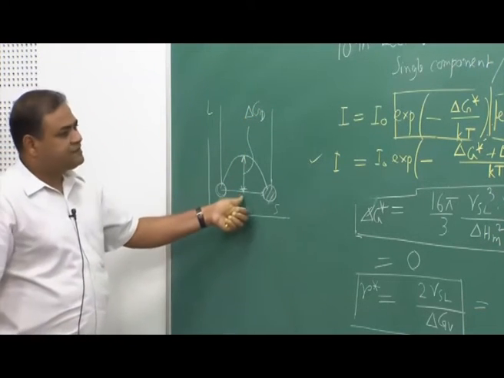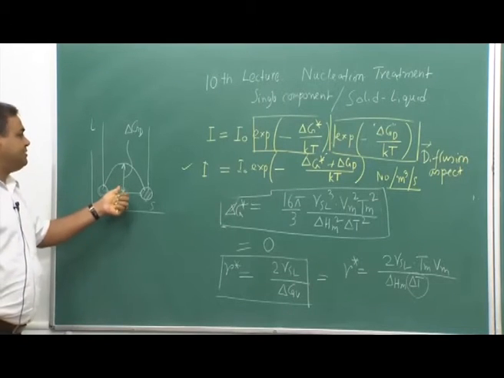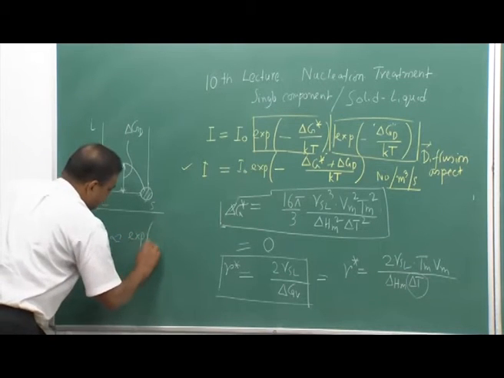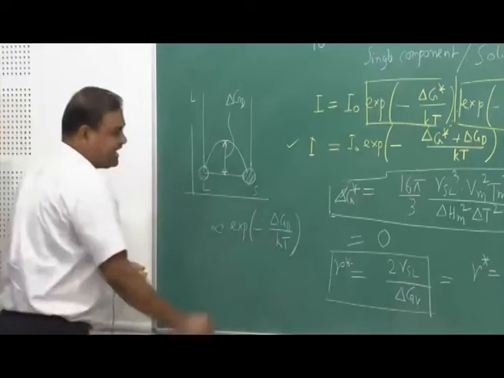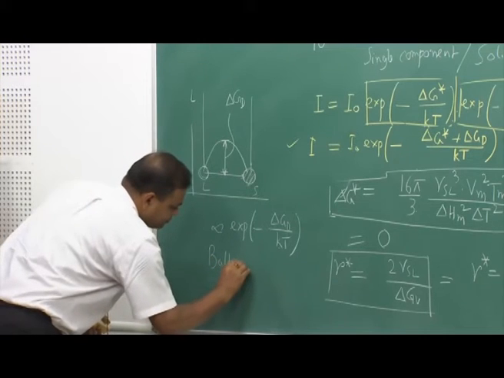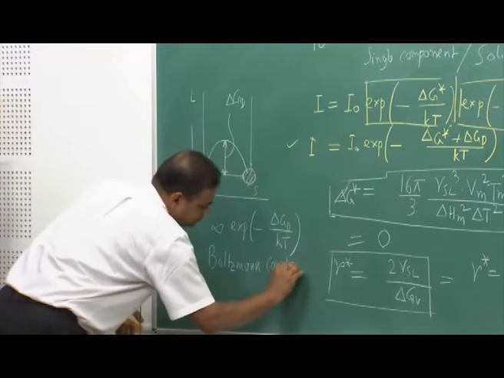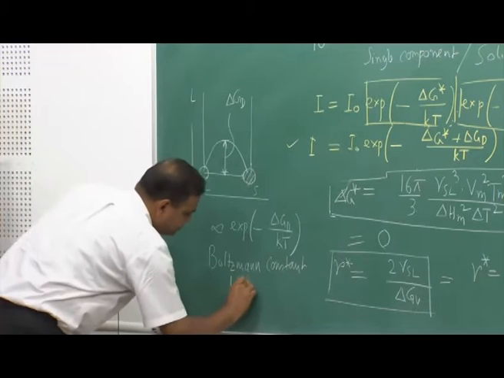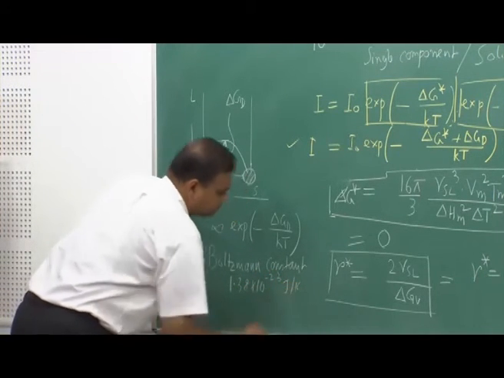Again, this is also talking of some jump, and that time the rate is proportional to exponential minus delta G d by k T, and this k is the Boltzmann constant. Its value is 1.38 into 10 to the power minus 23 joule per Kelvin.